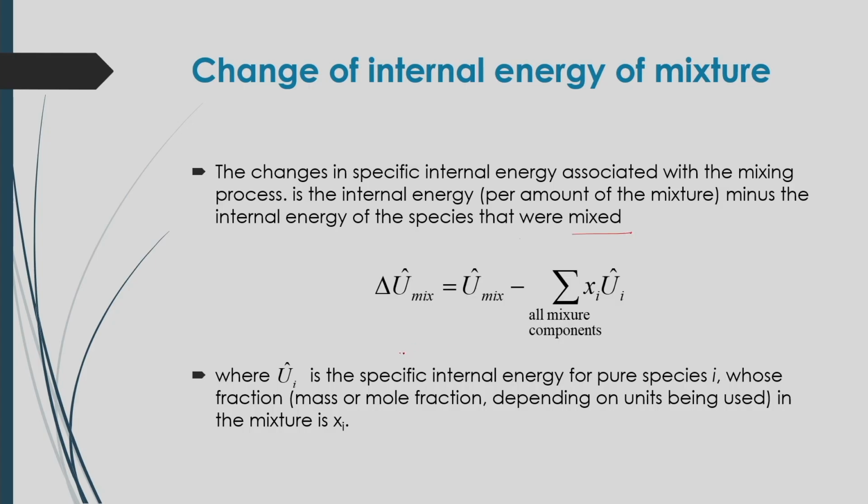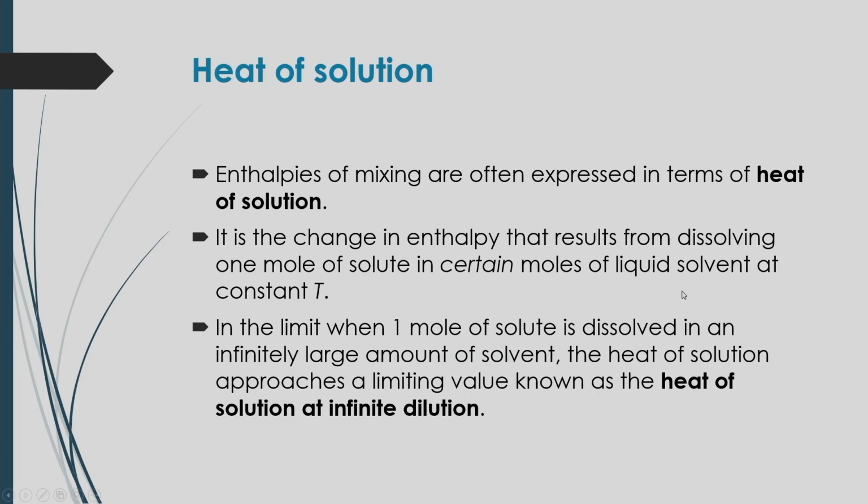You can calculate this as given in the equation in the slides. In this case, U i hat is the specific internal energy of the pure species whose fractions are given as xi. So, from this equation you can easily calculate the internal energy change of the mixture.